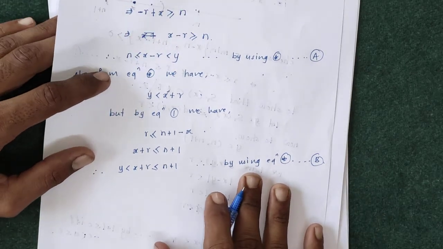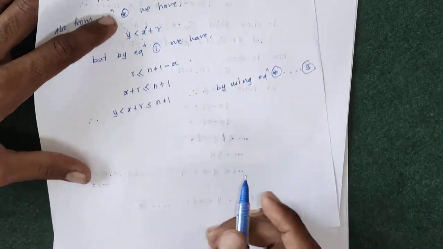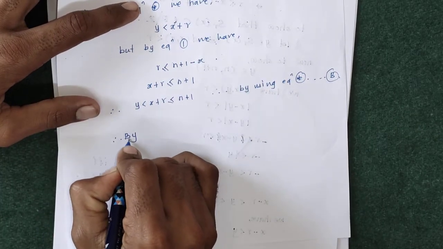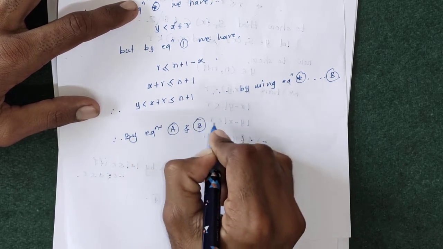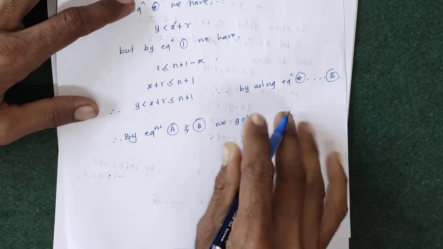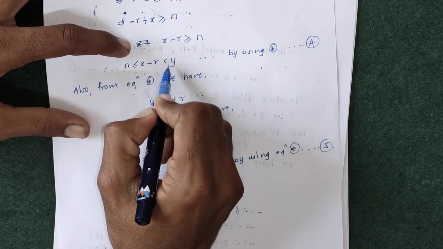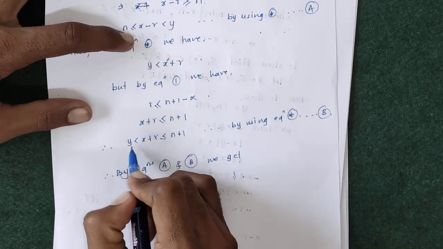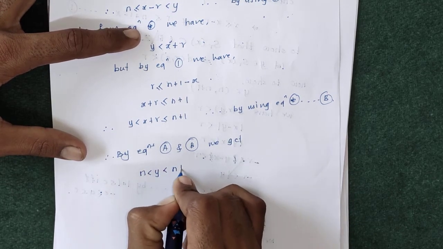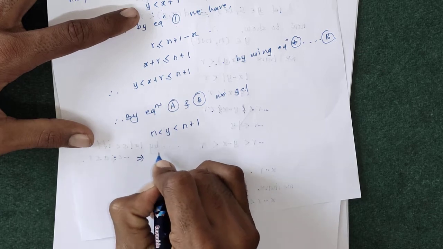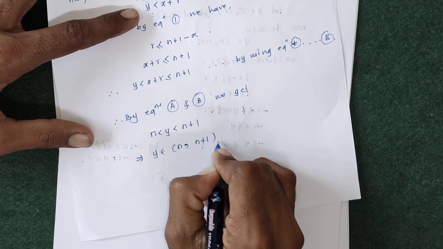Using equations A and B we can write n is less than y and this y is less than n plus 1. So our y belongs to the open interval n comma n plus 1.